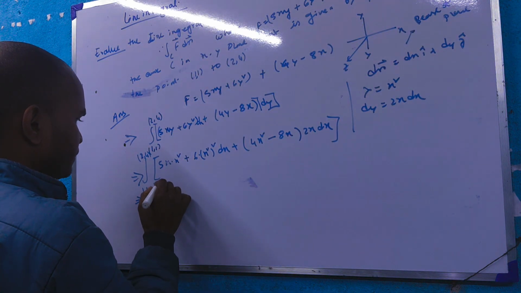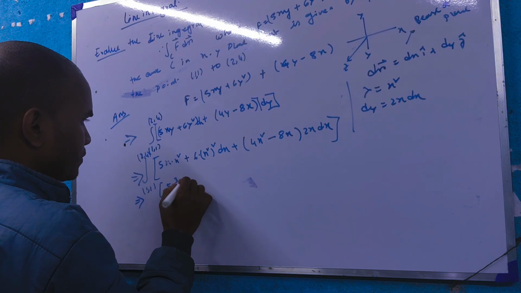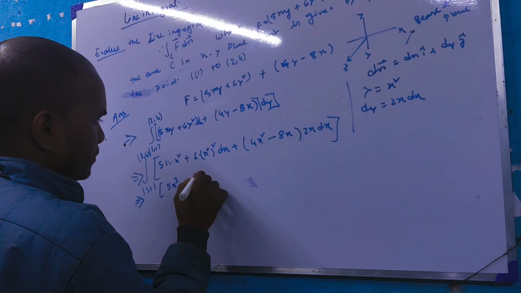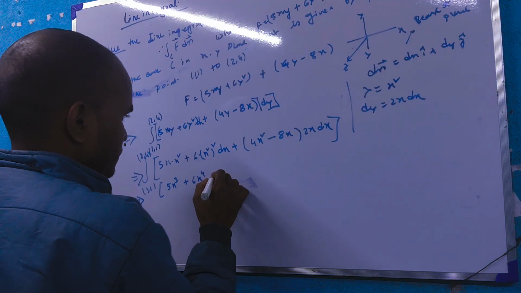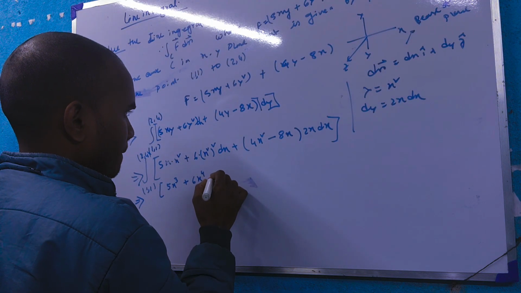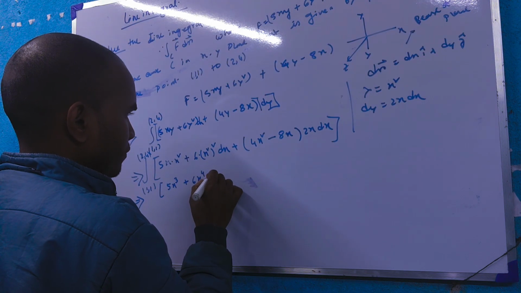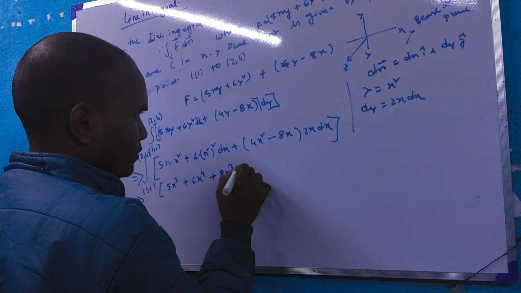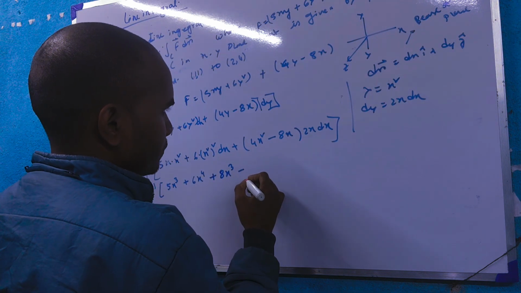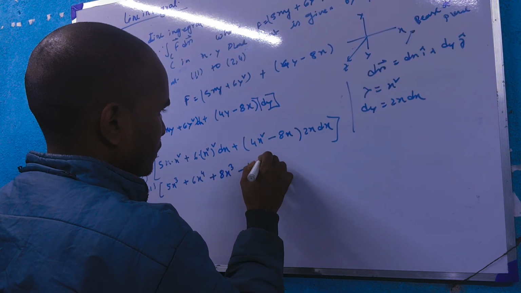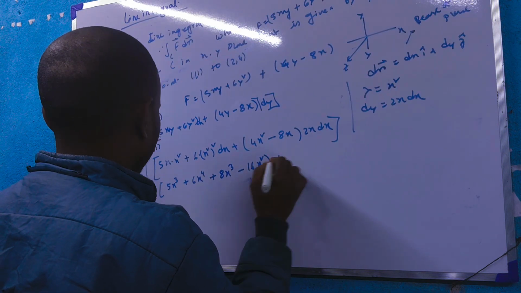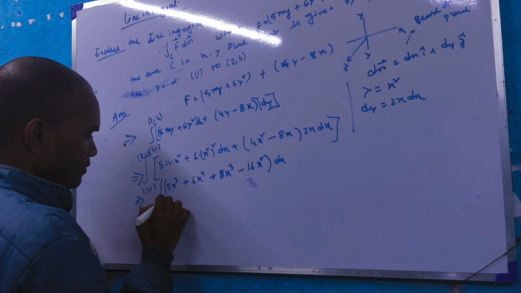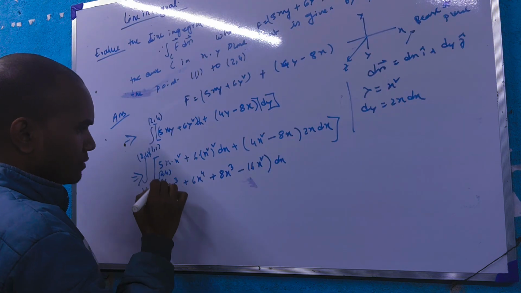The result will be 5x cube plus 6x to the power 4 plus 8x cube minus 16x square dx, integrated from 1,1 to 2,4.